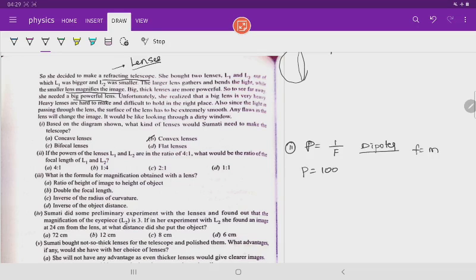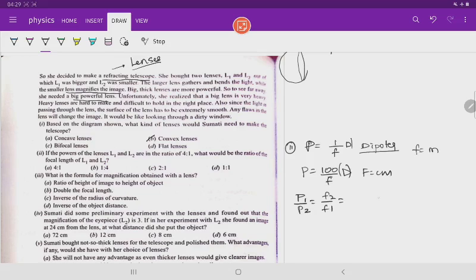Power is equal to 100 by F if F is used in centimeters, and the unit is diopter itself. Remember, this is a 1 mark question. Since power is inversely proportional to focal length, if I take P1 by P2, I get F2 by F1.